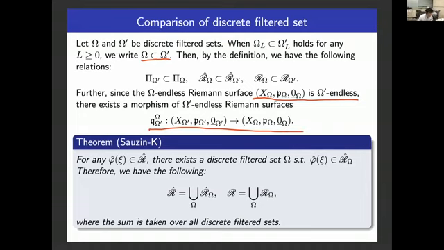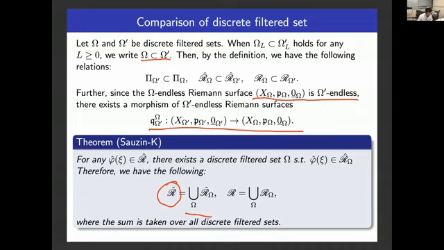And so we first introduced endlessly continuable functions, and we denoted the space of endlessly continuable functions by R-hat. But in this way, R-hat is written as the union of R-hat_omega for all discrete filtered sets omega.